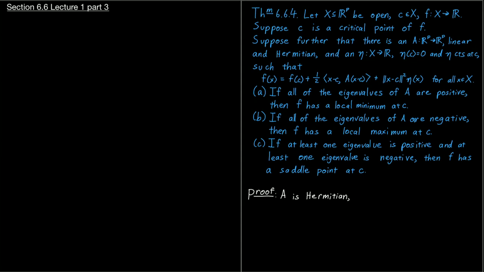So if you remember your linear algebra, what this amounts to is there's an orthonormal basis of Rp that consists of eigenvectors of A. If you don't remember what all of those words mean, what you proved last night is that there is a set of vectors in Rp such that each of them has length 1.